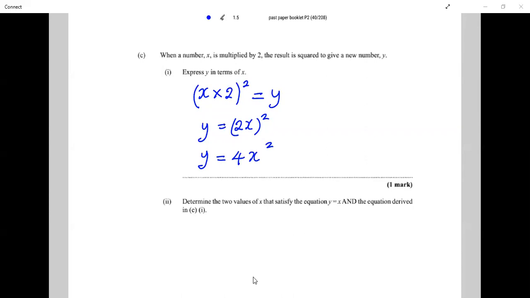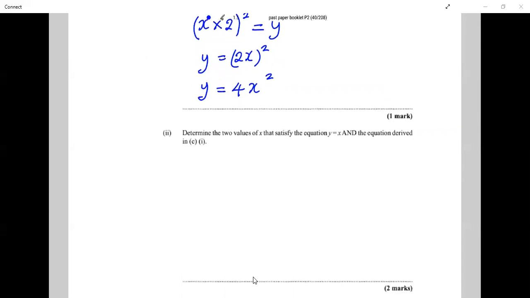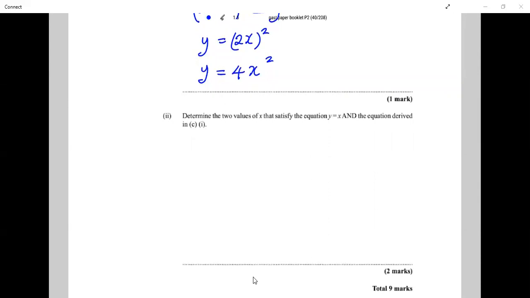Next, we're asked to determine the two values of x that satisfy the equation y is equal to x and the equation derived in C(i). All right, so we have two equations. We have y is equal to x, and we have y is equal to 4x squared.